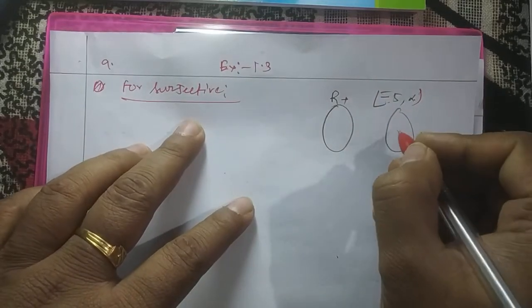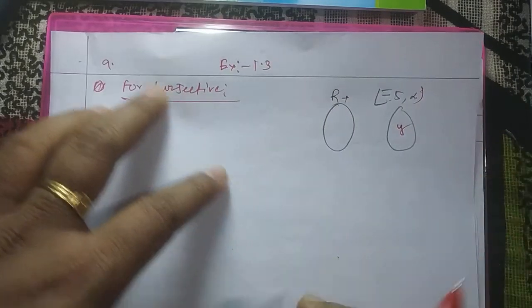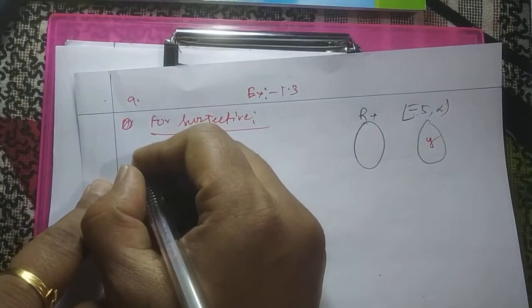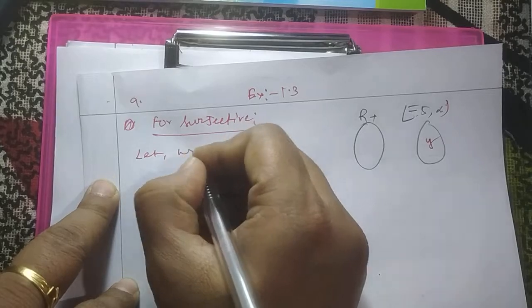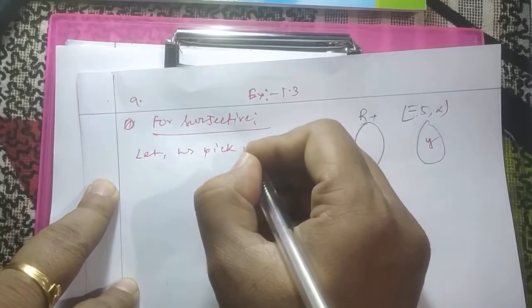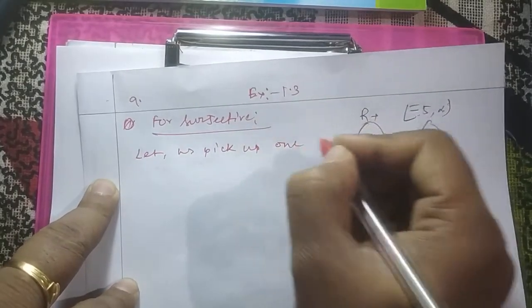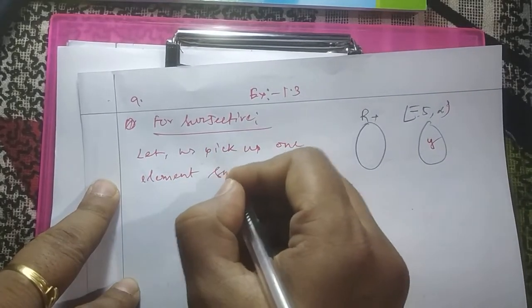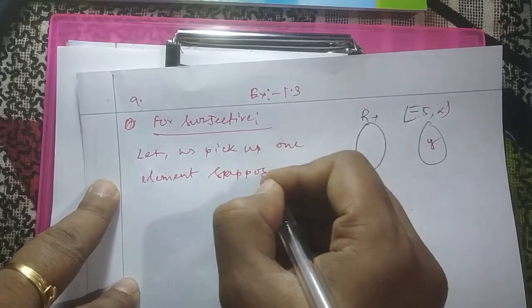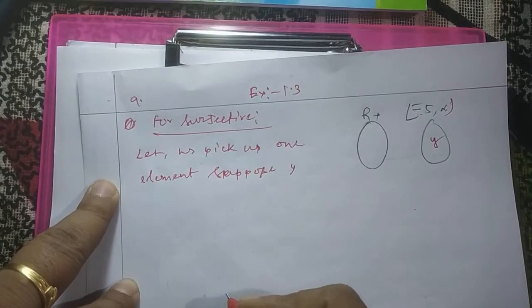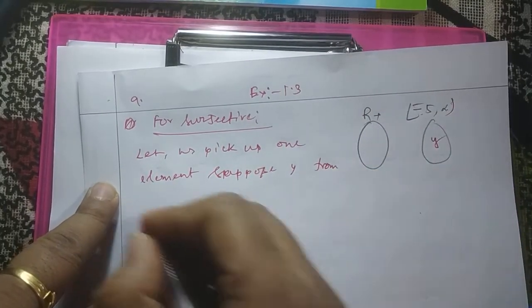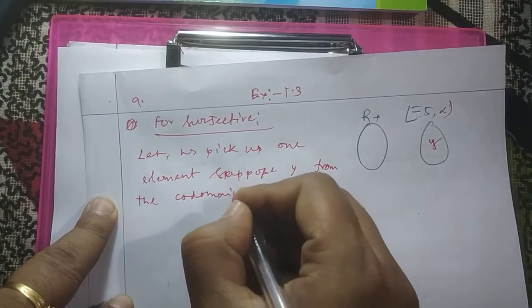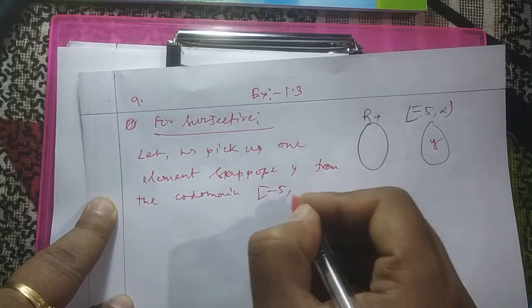So let us pick an element y from the codomain set and write it down here. Suppose y is from the codomain set minus 5 closed, infinity open.